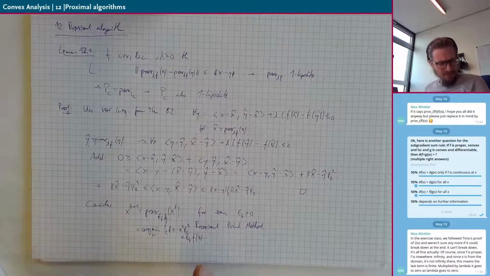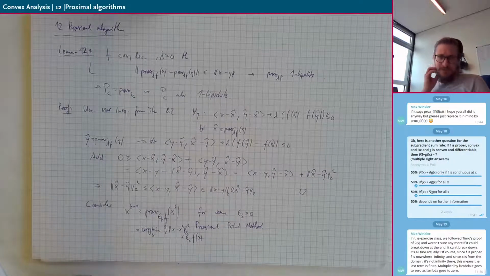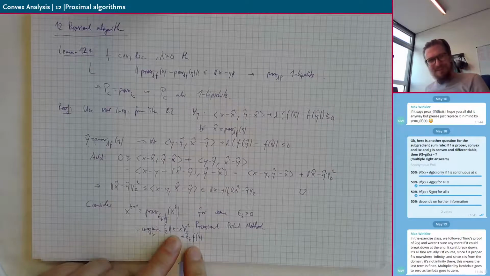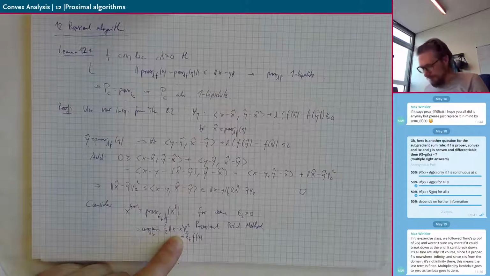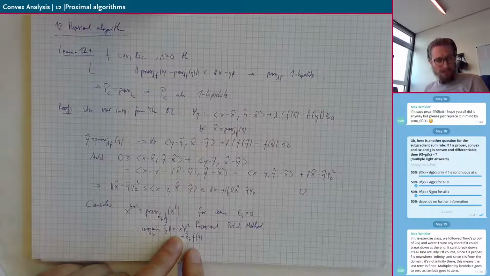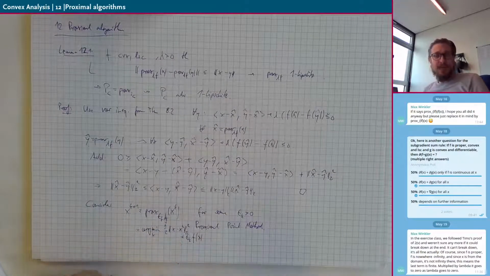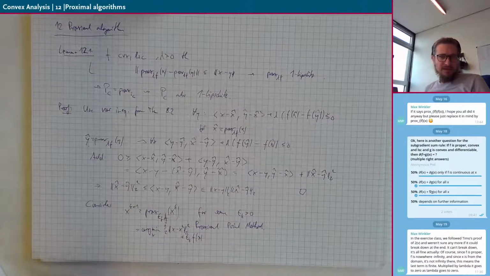Seems not a very good idea, but two things. First thing is this problem is a little better than minimizing f itself because it's strongly convex because of this norm squared over here. It's 1 strongly convex. So strongly convex with constant 1. So this is a better type. We're going to see that this is better in later lectures.